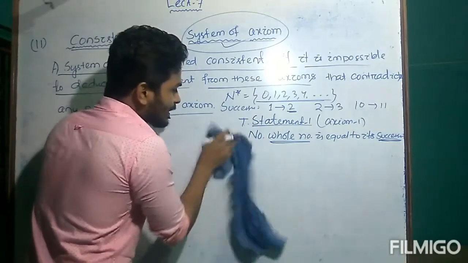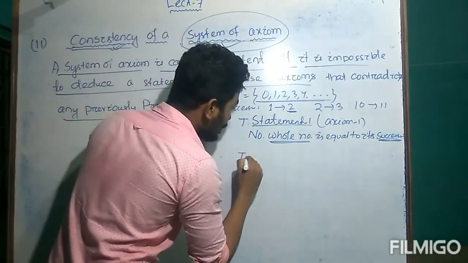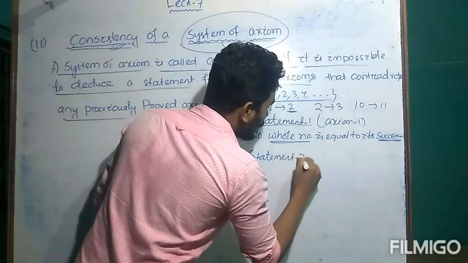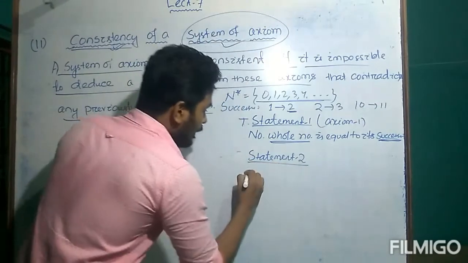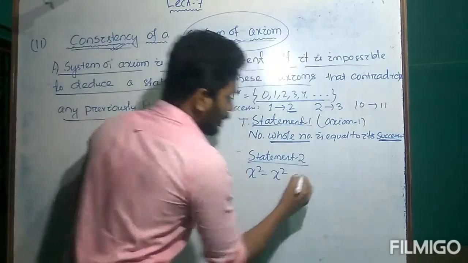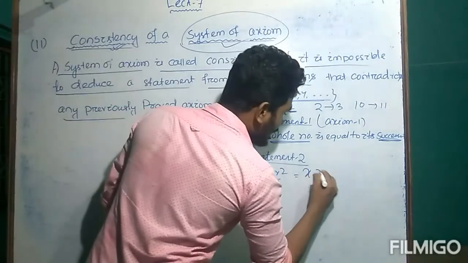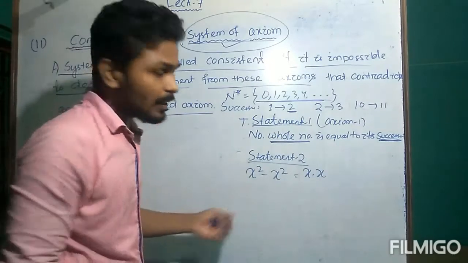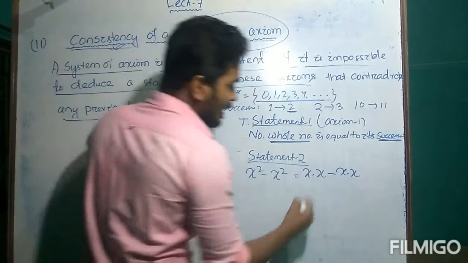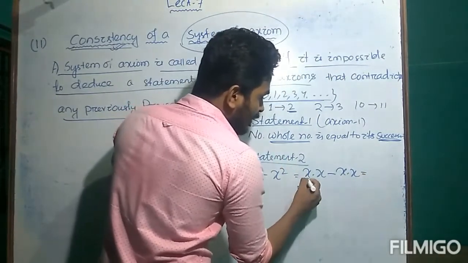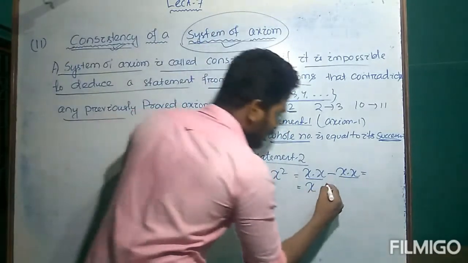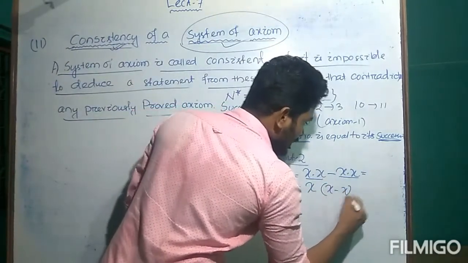Clear? Next, suppose I have chosen another statement, that is statement 2. x square minus x square is equal to x into x minus x into x, because x square can be written as x into x. Now, from these two terms you can take x common, so the remaining terms will be x minus x.